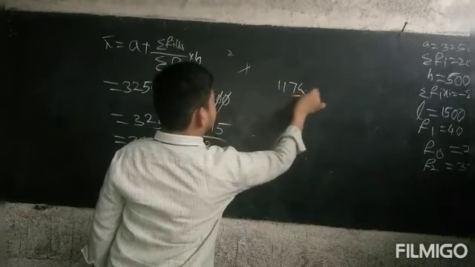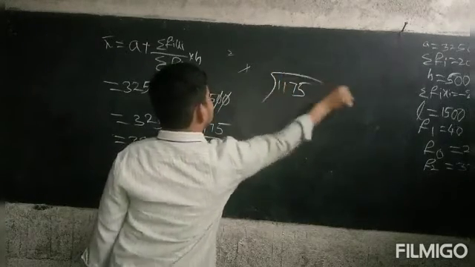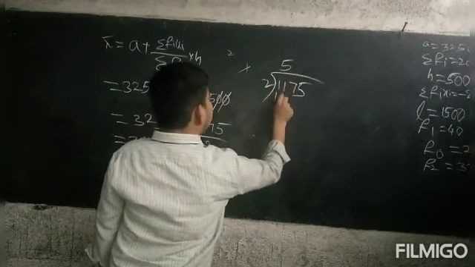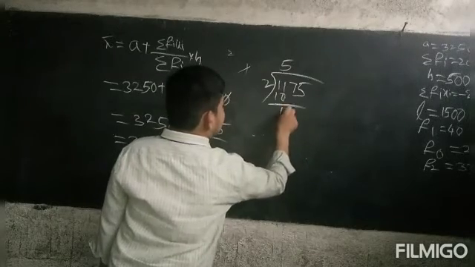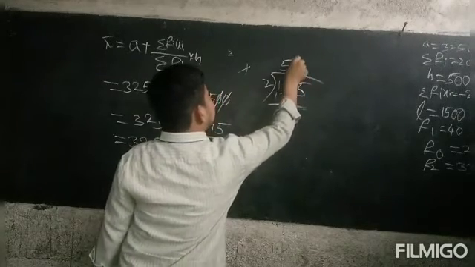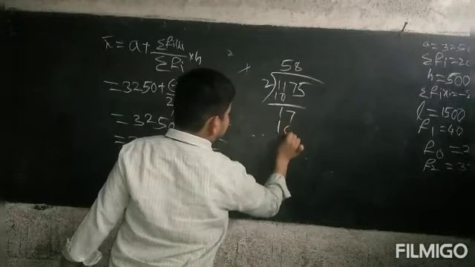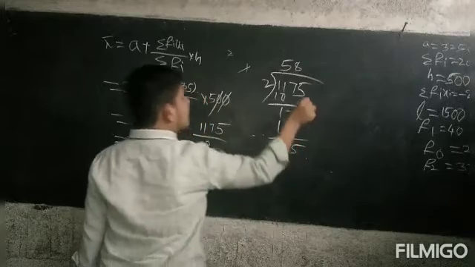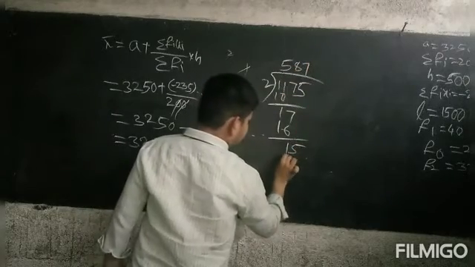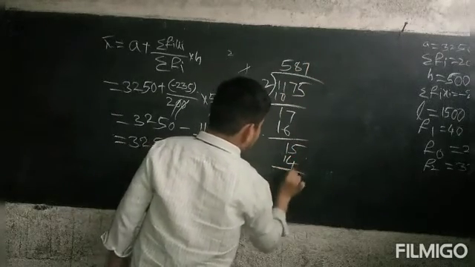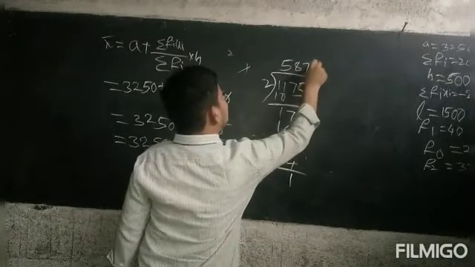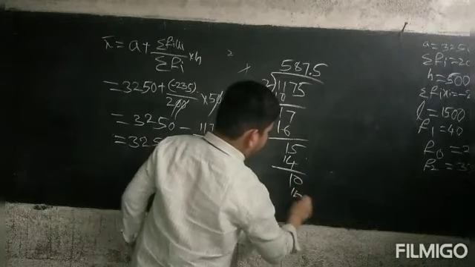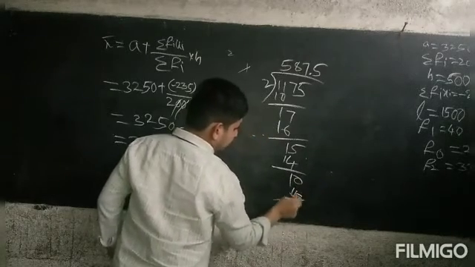1175 divided by 2. Two division: 2 by 11 is 5, remainder 1, again take 15, 2 by 15 is 7, remainder 1, then take the point: 587.5. Then 2 minus 10, we can get 0.